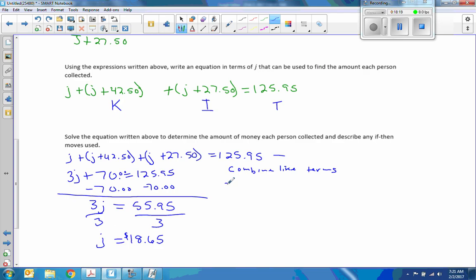This was subtract 70 from both sides. This was divide both sides by 3.